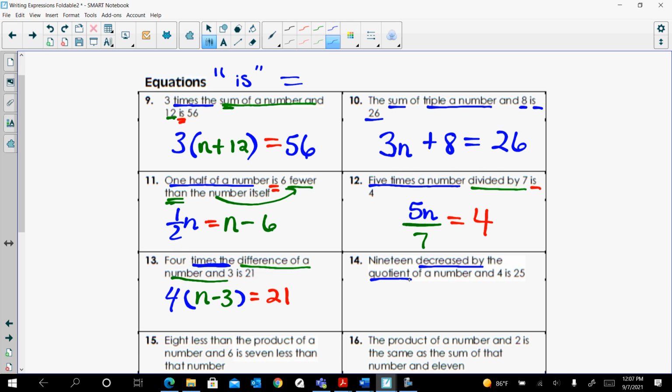Yep, quotient. So what am I going to write here? To show 19 decreased by the quotient. What operation would be the decrease by? Yep, that would be a minus. So we have 19 minus, and to show quotient of a number and 4.